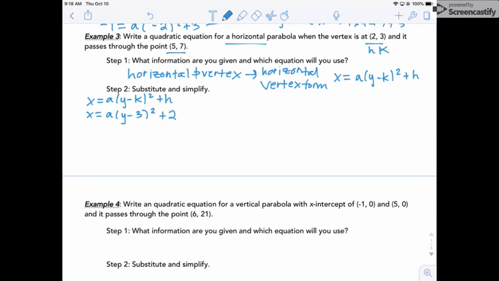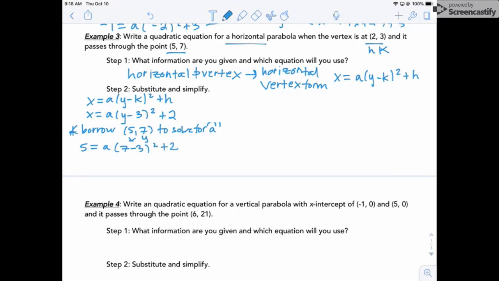We need to do the same thing we did for example 2. We are going to borrow the point (5, 7) to solve for a. So we have x and y here: 5 equals a times (7 minus 3) squared plus 2.